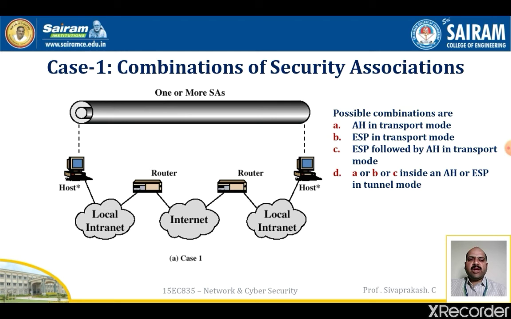Among the possible combinations: AH in transport mode, ESP in transport mode, ESP followed by AH in transport mode, or else any one of the above inside an AH or ESP in tunnel mode.